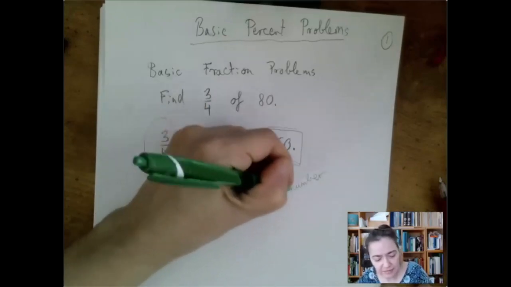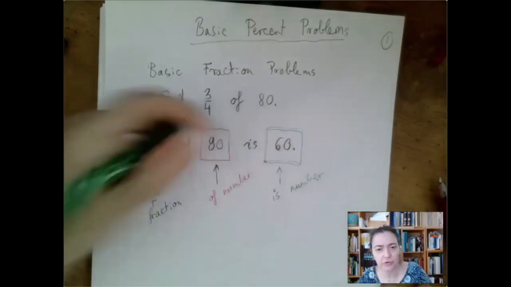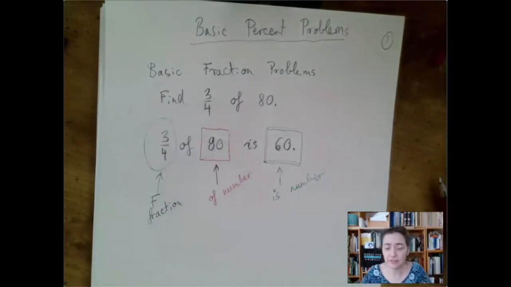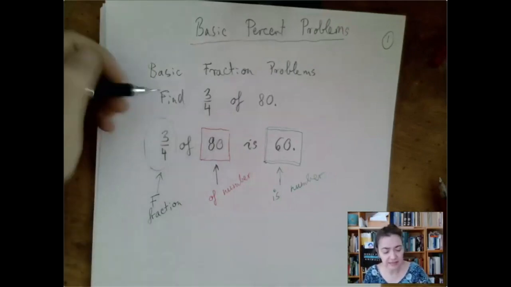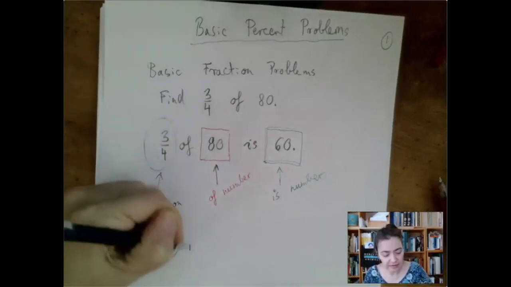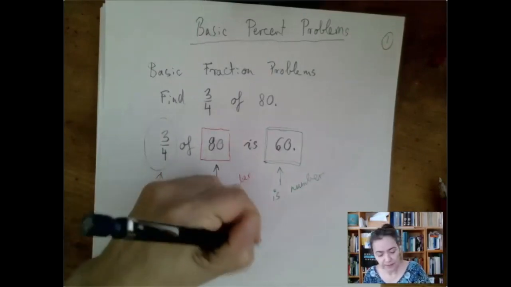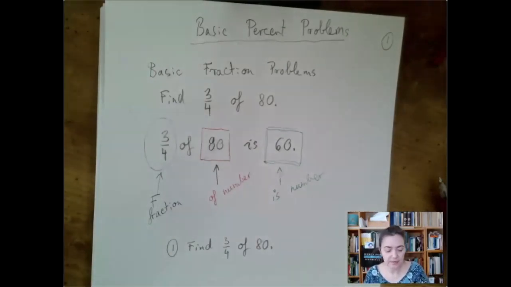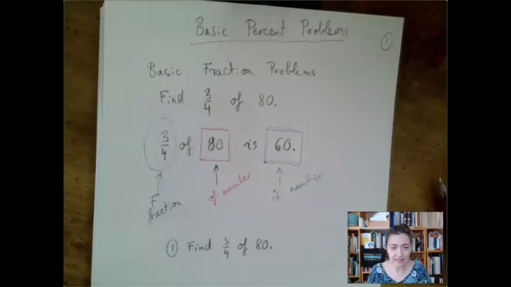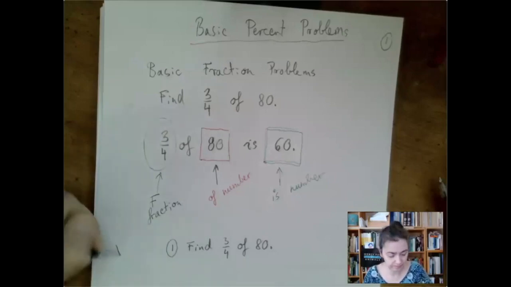And basically, we're gonna apply equations to turn this scenario into 3 different types of problems. Basically, I can give you any 2, withholding and asking for the third one. So what we just did when I said find 3/4 of 80 is when the fraction and the of number are given and the is number is asked. We're gonna call that type 1.